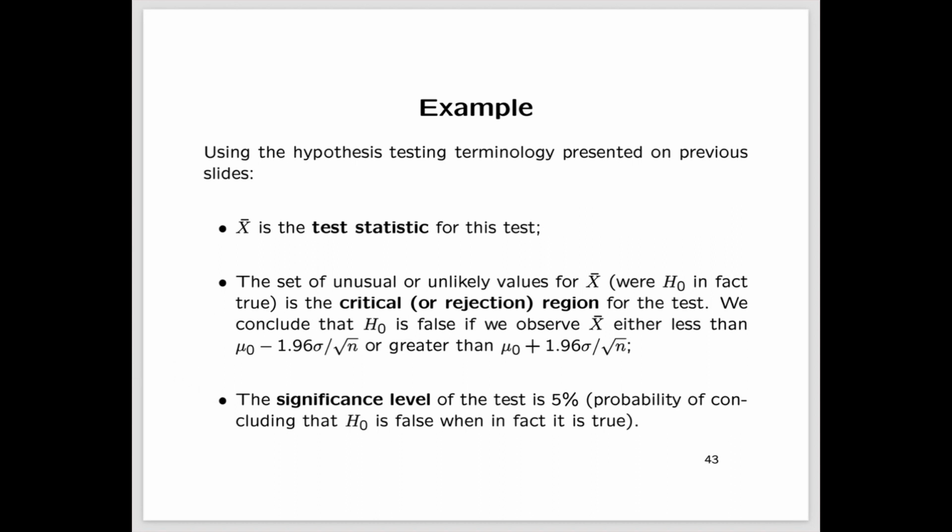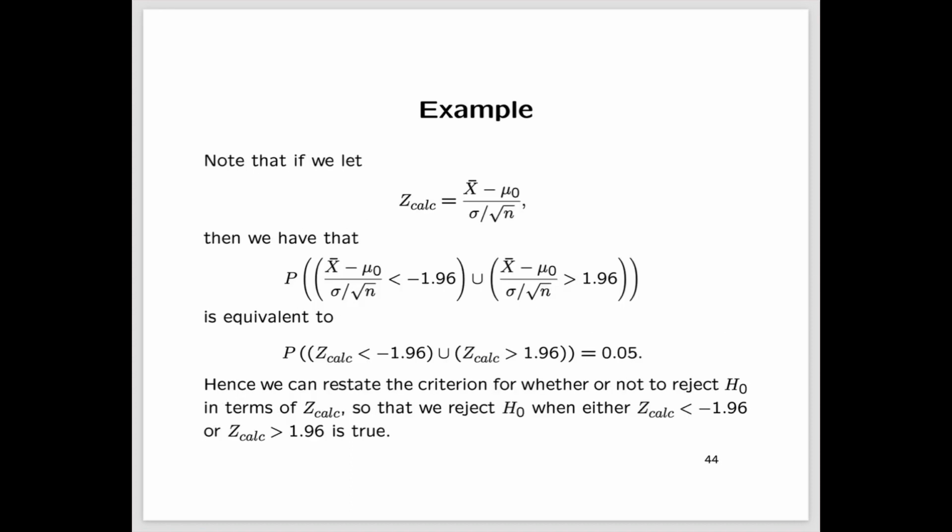Now let's continue with this example, but let's reframe it just slightly. Suppose that instead of working with x bar as the test statistic, we want to work with a standardized version of x bar.